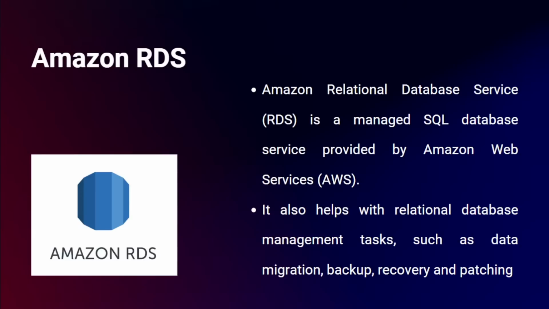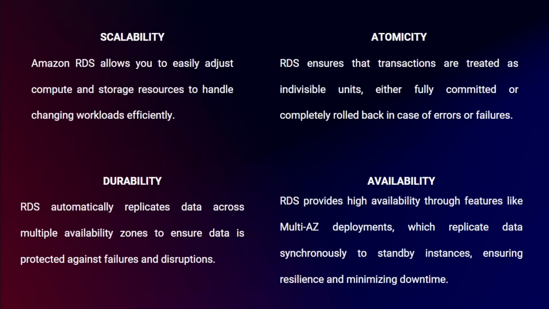We'll go hands-on, and before that, RDS provides the best scalability, atomicity, durability, and availability all the time, by having multiple availability zones and taking backups. Why are they giving these assurances? If you have a company and want to store your relational data, you can believe that AWS is good for you to store your data.